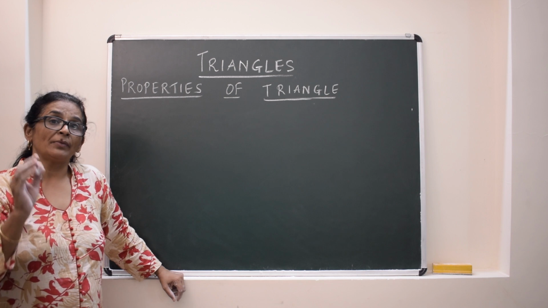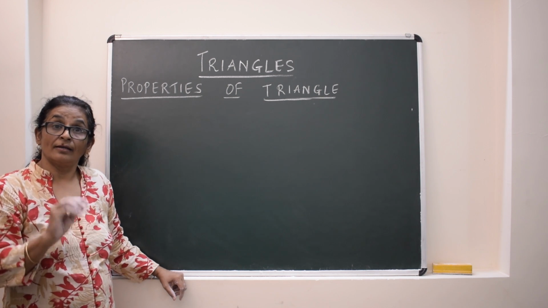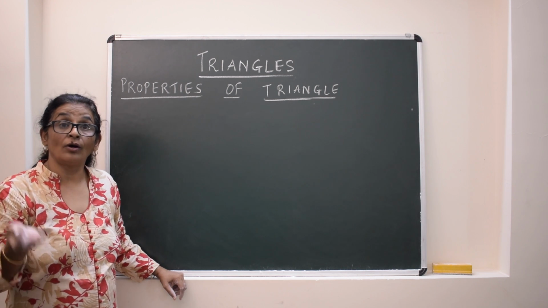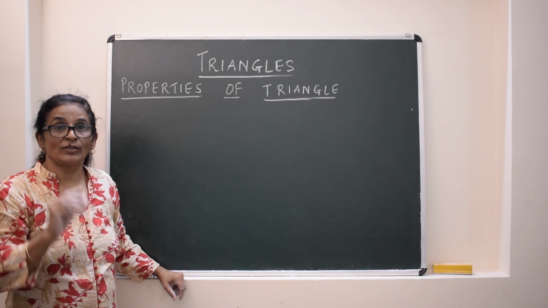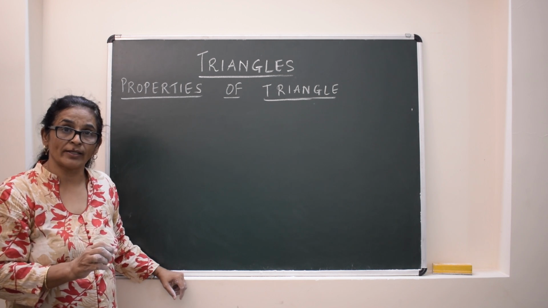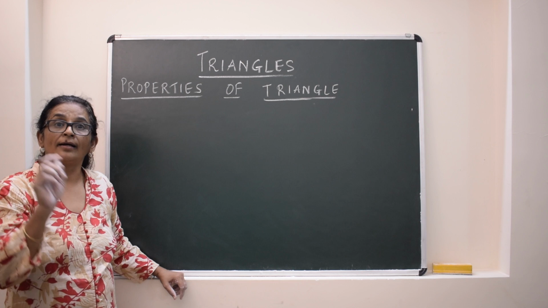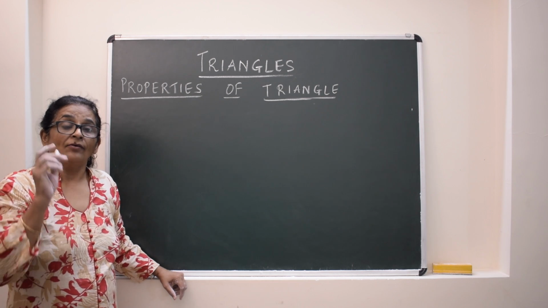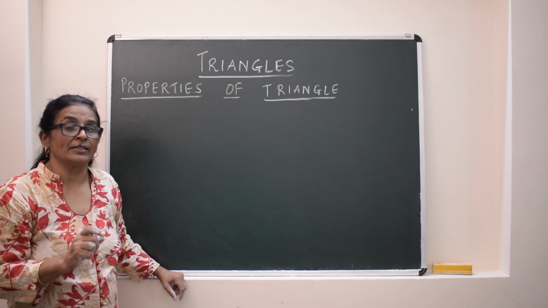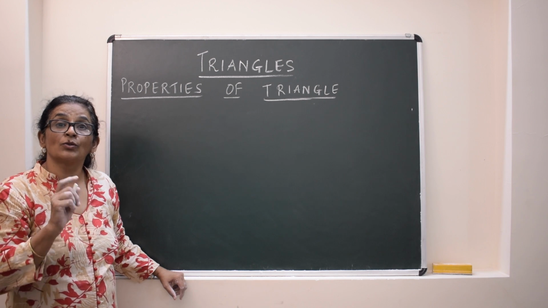These altitudes may meet inside the triangle, outside the triangle, or on the triangle. So 3 cases I will give you: acute angle triangle, obtuse angle triangle, and right angle triangle. And wherever these 3 altitudes meet, that is called orthocenter.